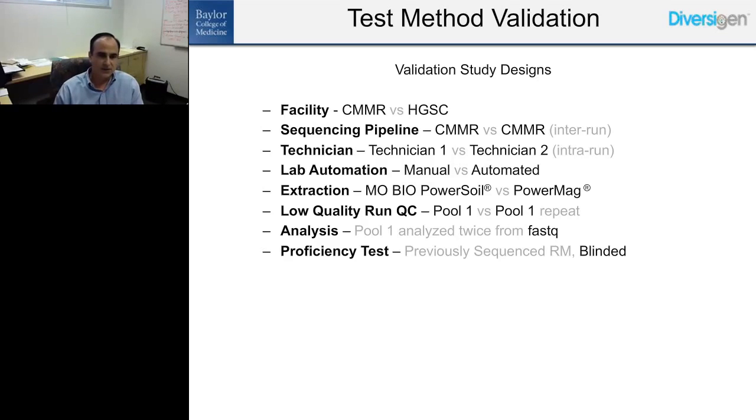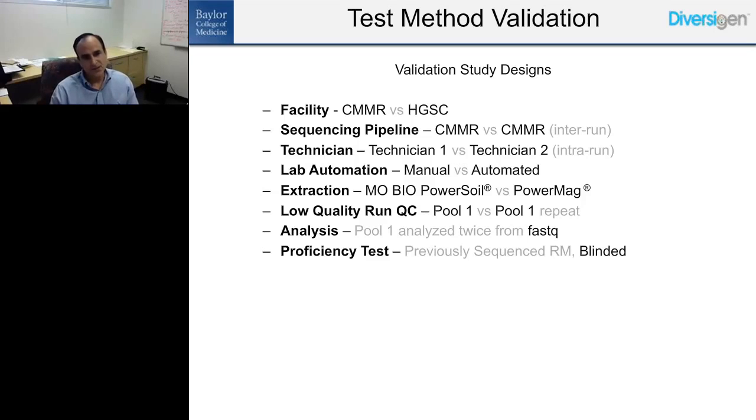And then we want to evaluate our technicians. Is there any variance between technician 1 and technician 2, which would be our intra-run variance. And then we have a fully automated pipeline from extraction through sequencing setup or library prep. So we need to evaluate any variance introduced through that automation. So we would complete a manual setup of a pool, sequence that, and then compare that to the automated setup.